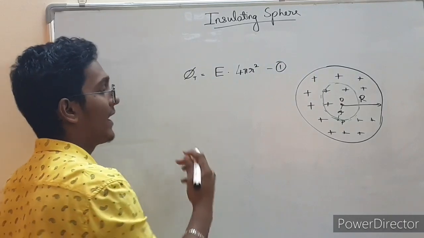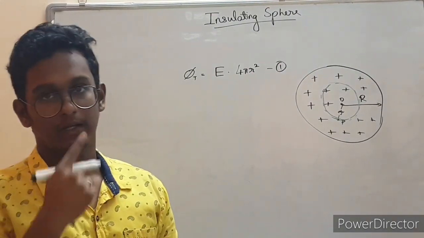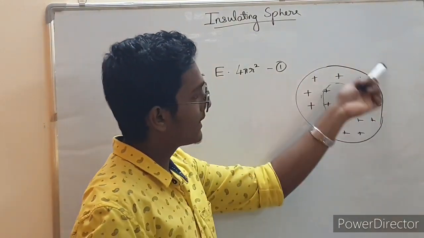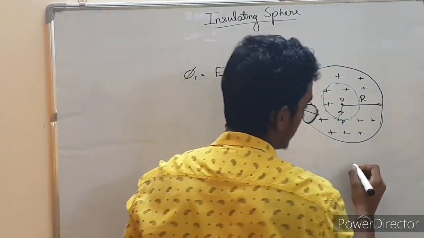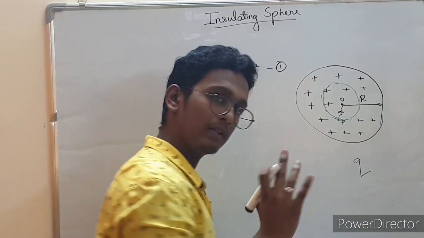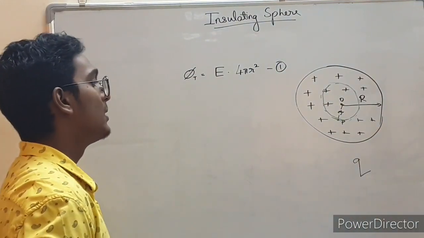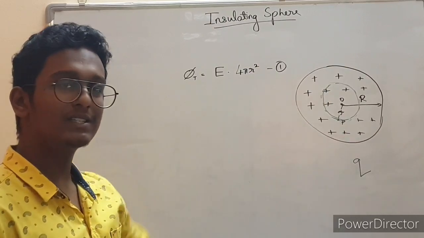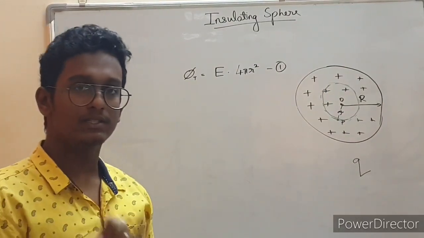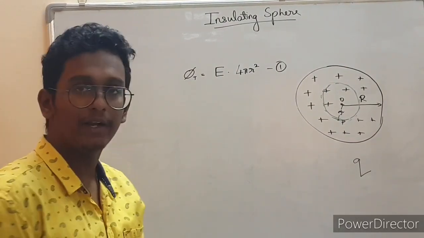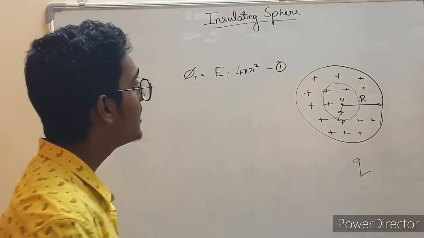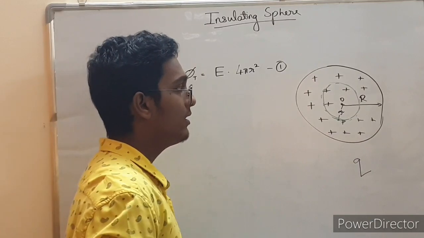So now we have to find Q by epsilon naught, and here's where the problem comes. The total charge in this sphere is Q. That's a given quantity. But what is the charge in this part? In the previous cases it was linear charge density or surface charge density, so it was easy to find. But what about a volume charge density? Volumetric charge density. That's the concept you're going to apply here.